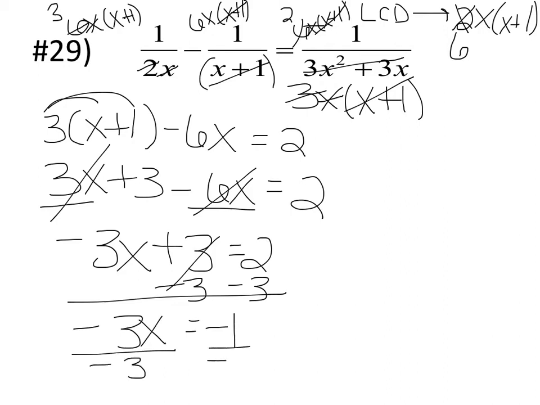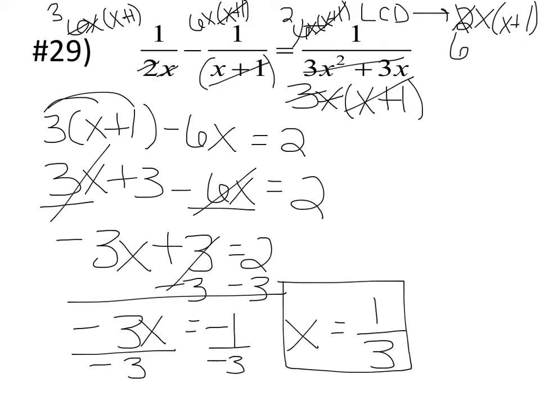Divide both sides by negative 3, and you get x is equal to 1/3. So plug that in. If I put a 1/3 in here, I end up with 2/3. That's fine. If I put 1/3 in here, I get 1 and 1/3. That's fine. If I put it in here, I get 1 and 1/3 times 1, which is fine. So this is an answer, and we checked it.